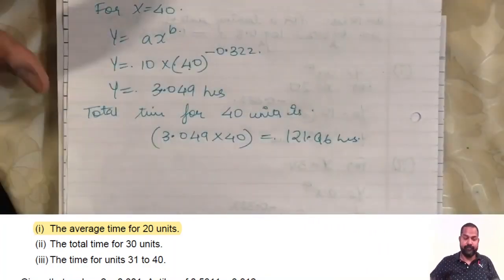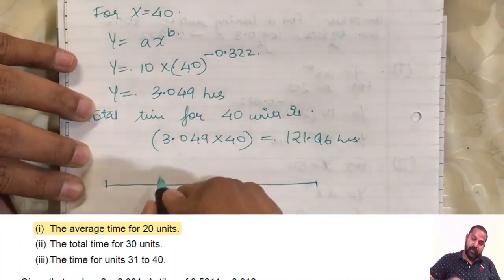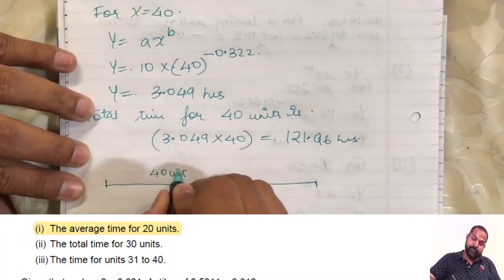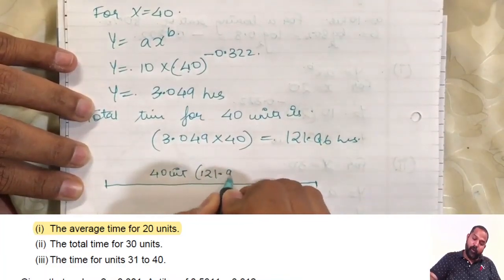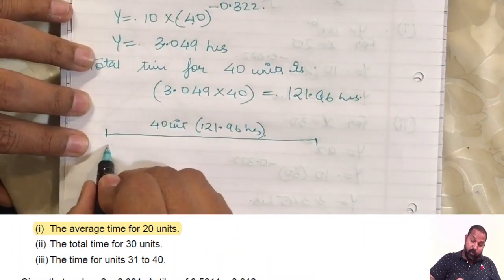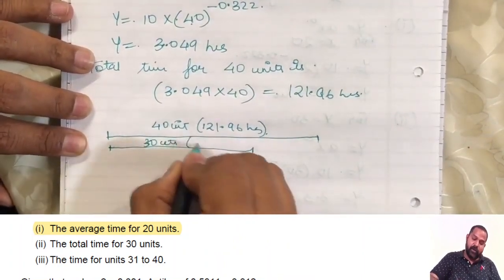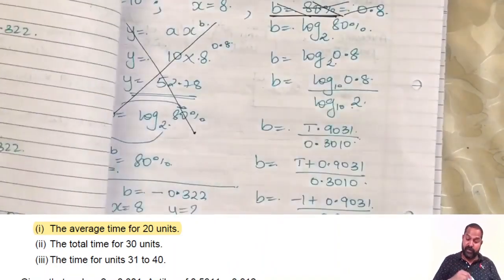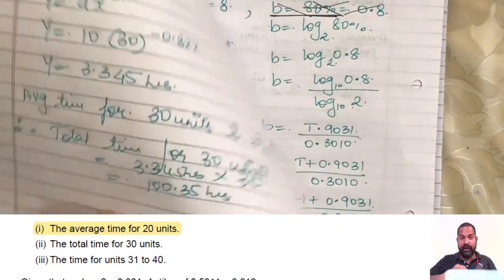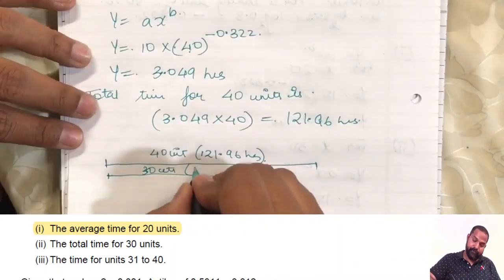There you have it. For 40 units, it takes me 121.96 hours, in which the first 30 units took how many hours? The first 30 units took 100.35 hours.